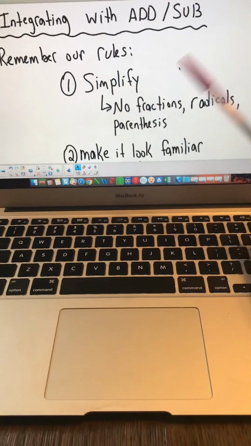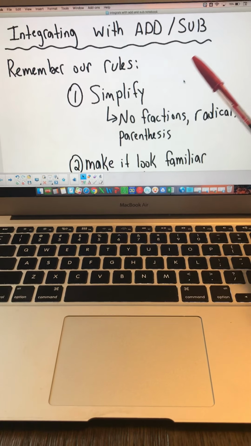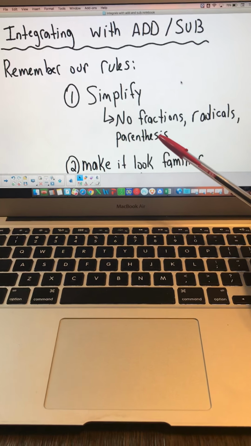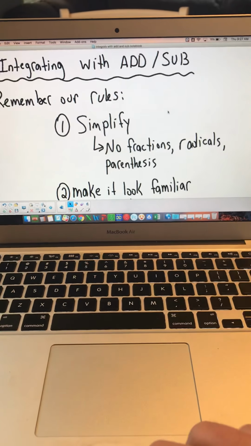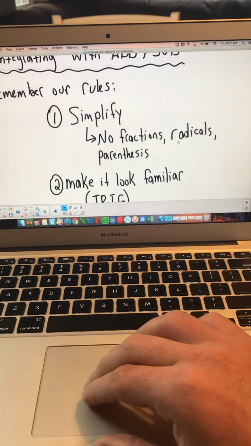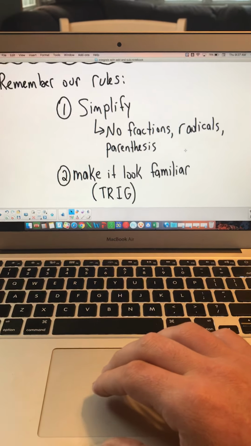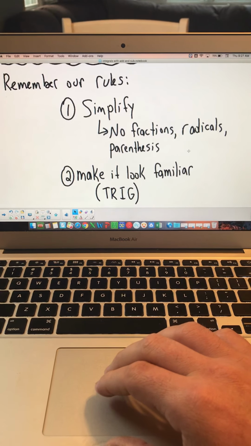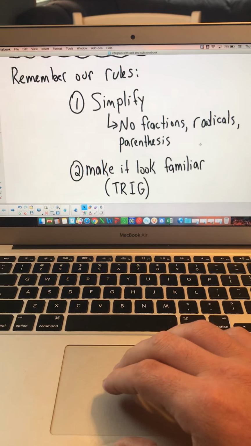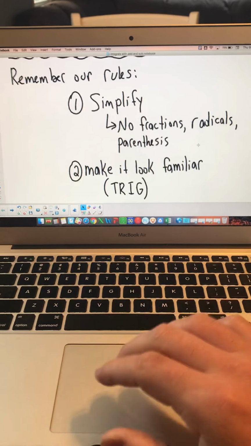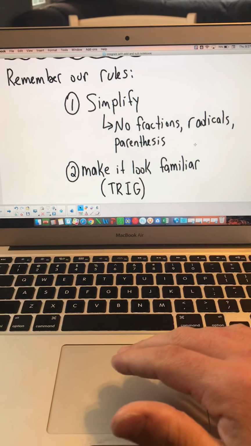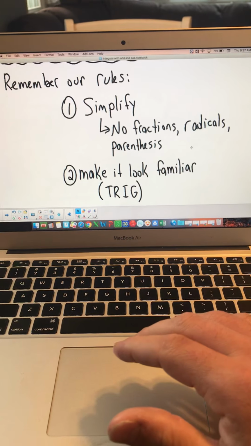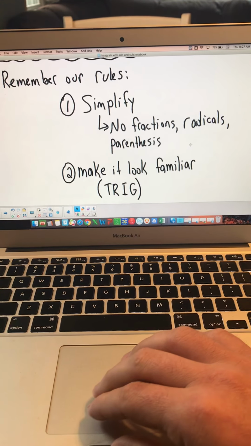We still don't want fractions. We still don't want radicals. We don't want parentheses. We love exponents. When we get to the trig functions later down the road, we want to make it look like a trig function we could take the integral of based off of our cheat sheet. We ain't getting there today, so don't worry about that. Brains will blow up.